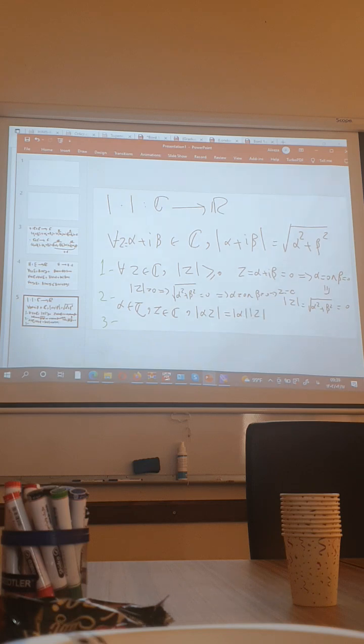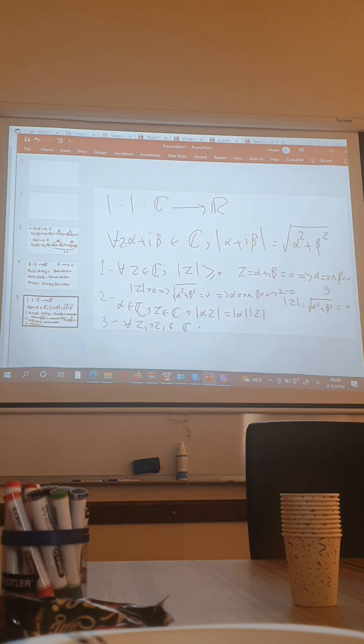It is very easy. We denote the norm of z by this, okay? And also the triangle inequality: for any z1 and z2, for example, in complex numbers, we have the triangle inequality.